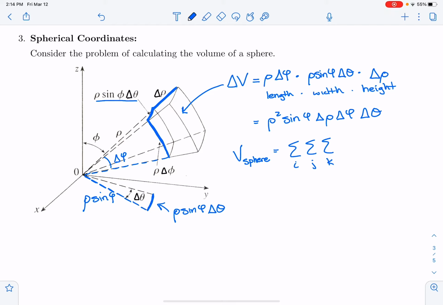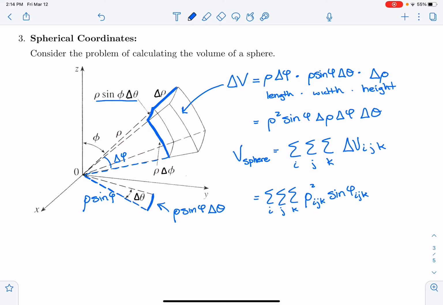And we're going to sum up a delta v sub i,j,k. So I'm going to write this out. This is going to be a triple sum. And then we want to sum over rho sub i,j,k squared sine of phi sub i,j,k.